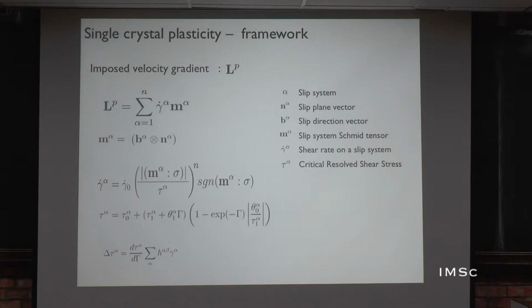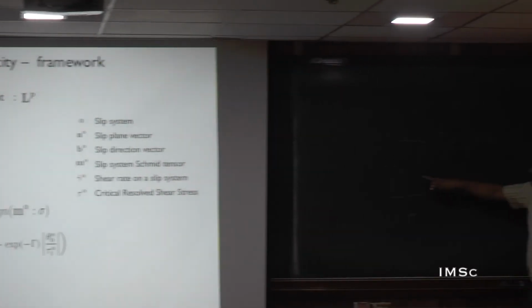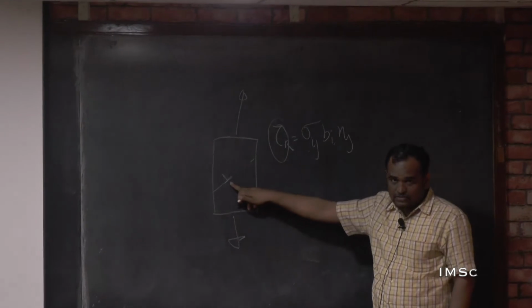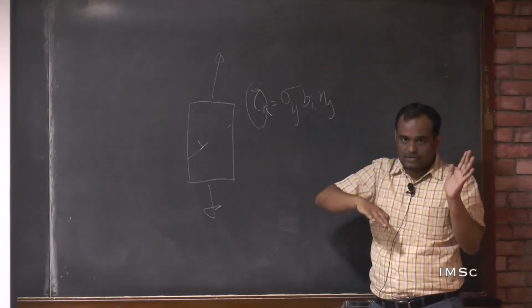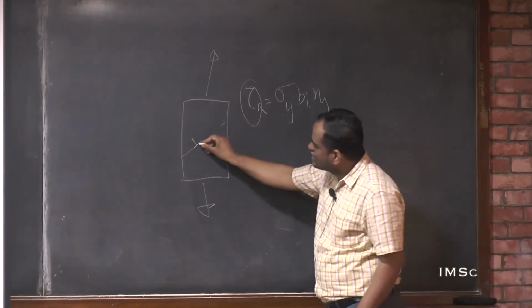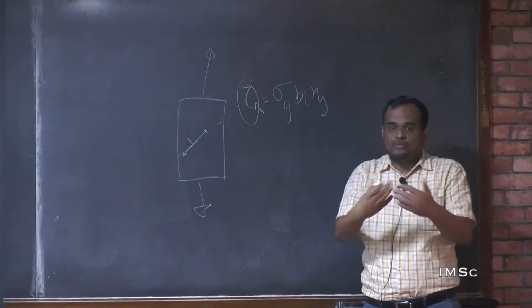Here b is a slip direction and n is a slip plane normal. So this resolved shear stress is responsible. Now it doesn't matter to this particular dislocation whether the macroscopic stress is tensile or compressive. In the same way, whether a dislocation is moving in this way or in this way, it has equal probability of motion.